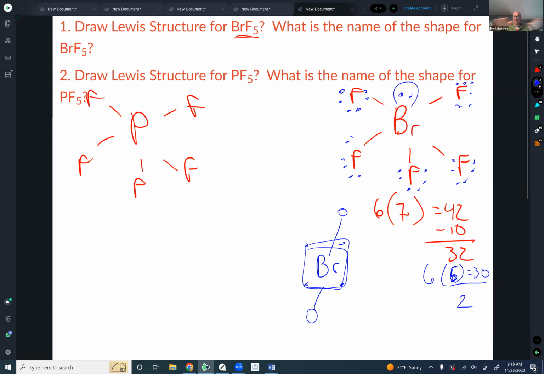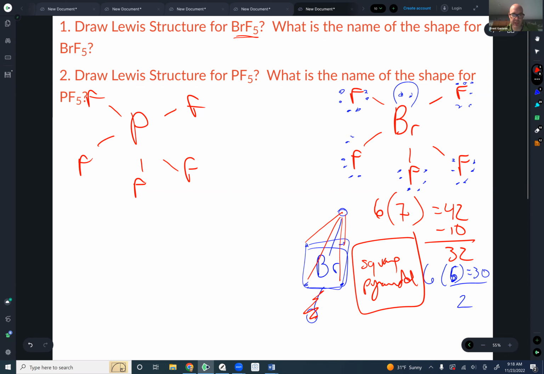So it has a flat surface, a square, and coming out of the top and the bottom are extra electrons. Because the one coming straight up out of the top is actually just extra electrons, what we end up having is a structure that looks something like a square pyramid. And so that's the name of this shape, a square pyramid.